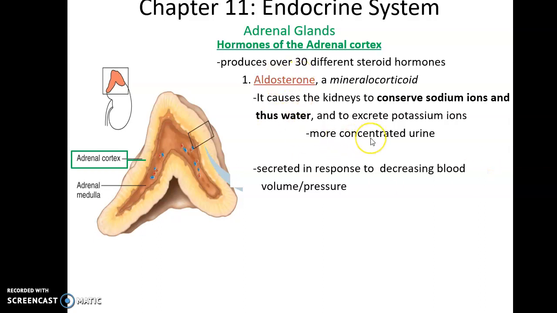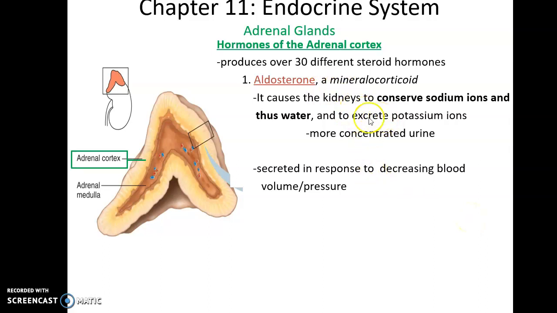When aldosterone is released from the adrenal cortex, it goes to the kidneys, causing the kidneys to conserve sodium ions and also water. So the kidneys are now returning sodium ions to the bloodstream, and as a consequence, water is also returning to the bloodstream, leading to more concentrated urine.